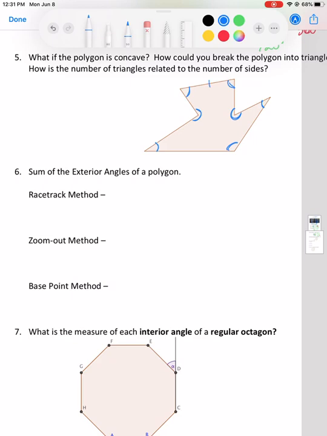We have 1, 2, 3, 4, 5, 6, 7. So it looks like we have an irregular heptagon. Irregular means the sides and angles are not all the same. This is concave, and it's a heptagon.